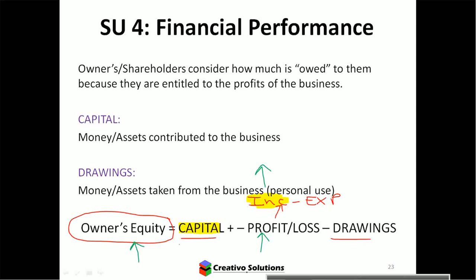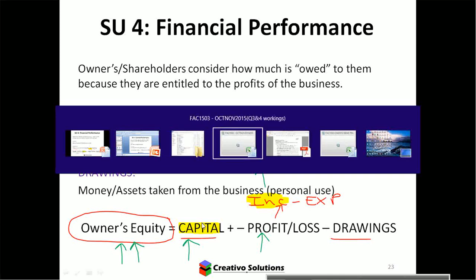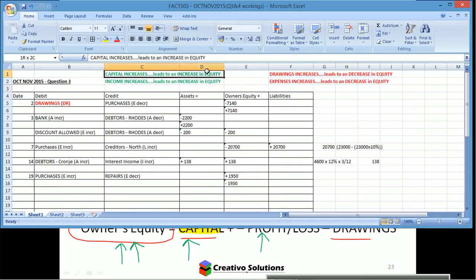I'll have more owner's equity. Does that make sense? Okay. Capital. If we give the business more capital, will the owner have more or less? Exactly. Right, and that's why you've got that. Capital increases, income increases, leads to an increase in equity.